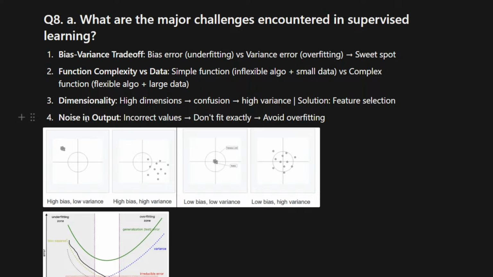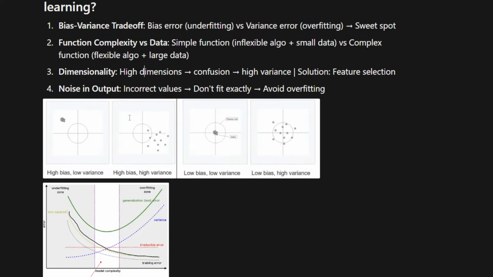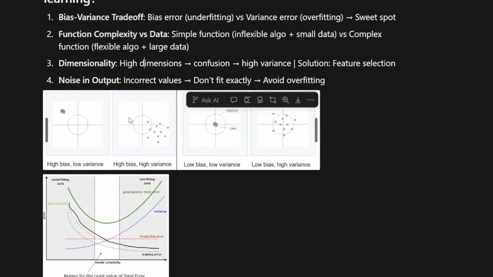Another challenge is noise in output. Your input always has noise. So when you have noise in your input, there are high chances that you have noise in your output also.